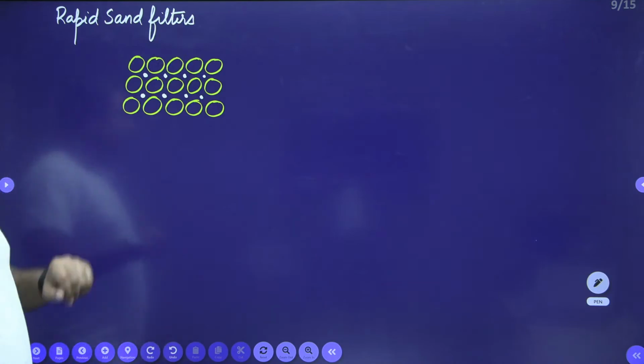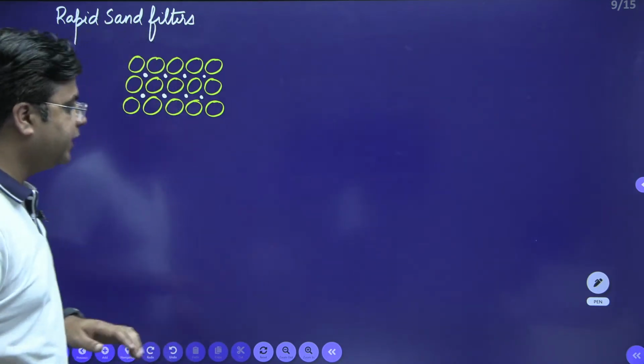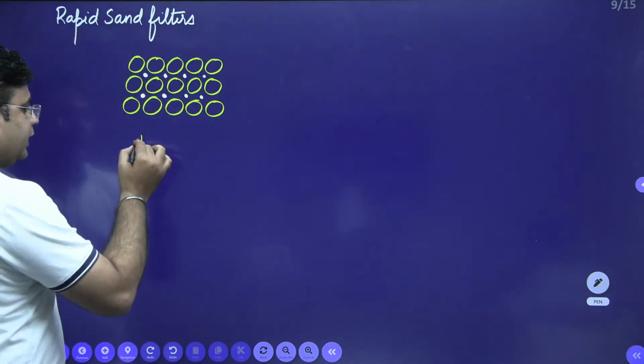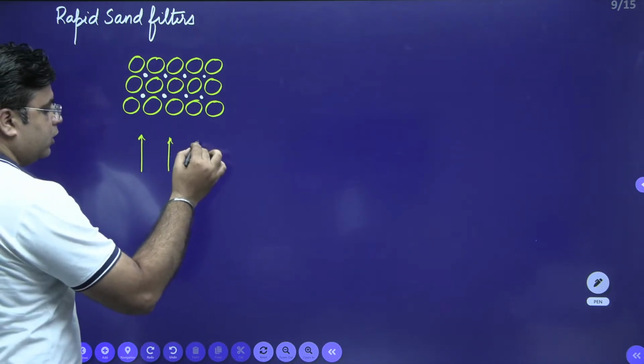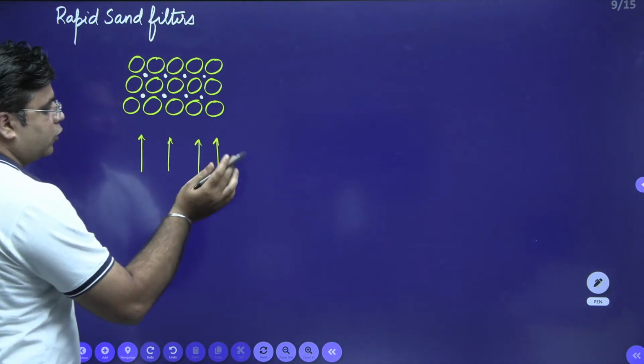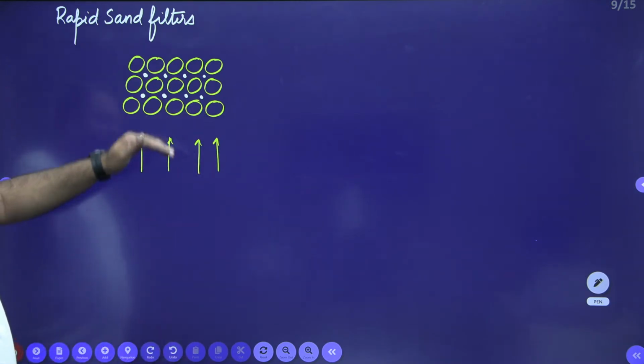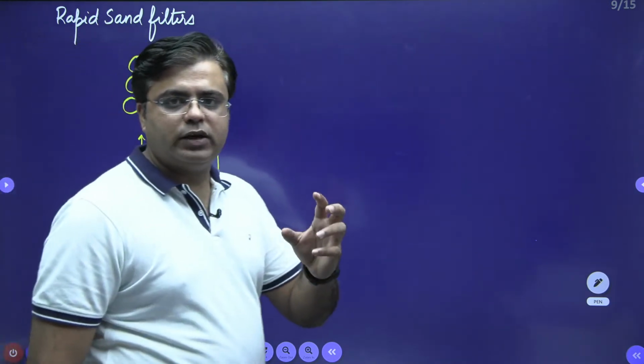In order to clean these filters, basically we send water at very high pressure from the bottom. While we are sending this water with very high pressure from the bottom, this process is known as backwashing.